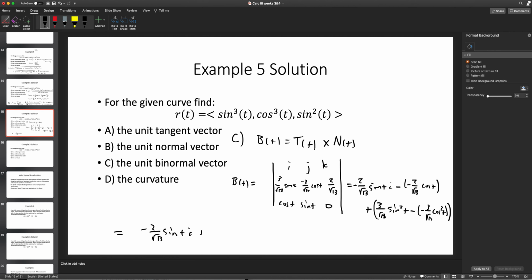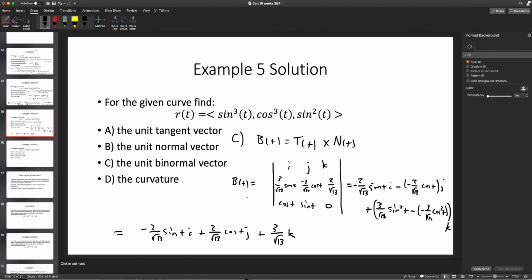plus 2 over root 13 cosine t j, and we need a k in here, plus, looks like we have sine squared plus cosine squared, this is 1, so you get 3 over root 13, okay.